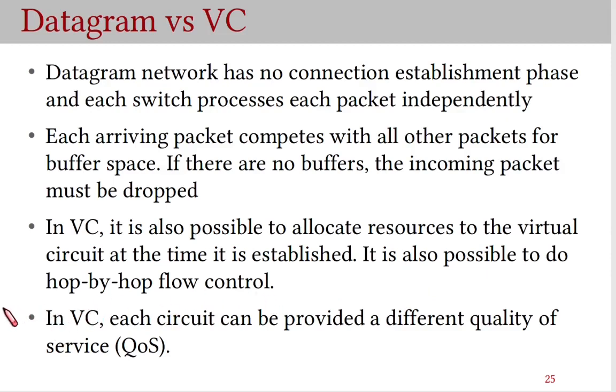And lastly, in the case of virtual circuit, we can provide quality of service to individual circuits. Right? So we may allocate bandwidth to circuits, or we may assign priorities to different circuits, so that a circuit with higher priority has its packets forwarded on a priority basis, so they wait for shorter duration in queues.